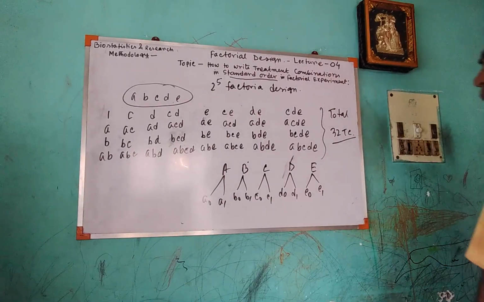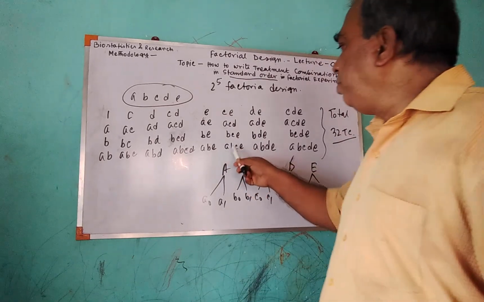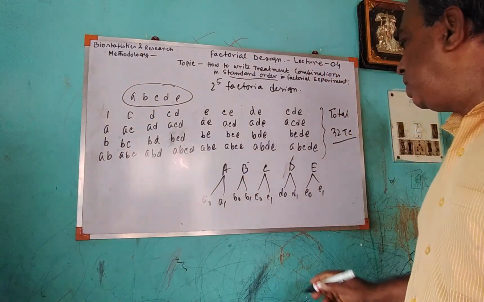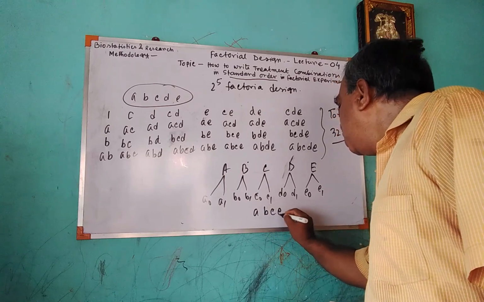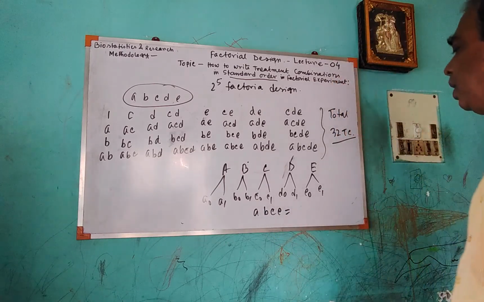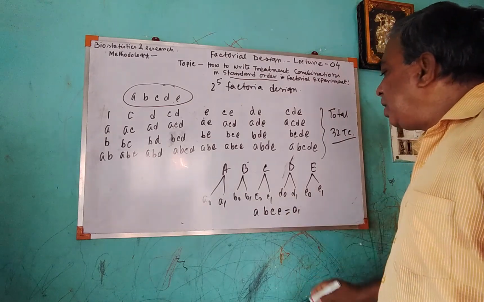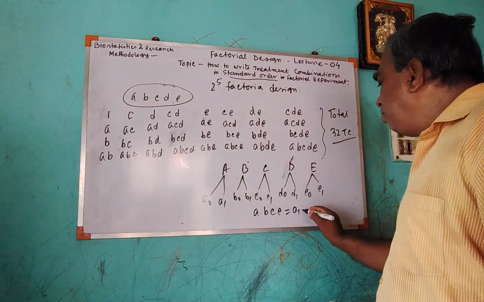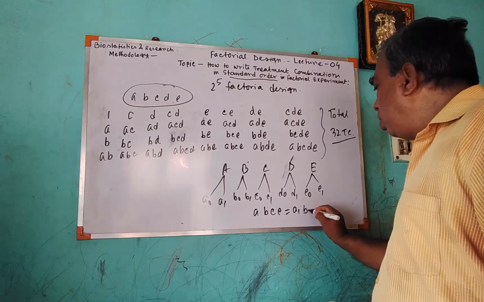So now, what do you mean by, suppose, A, B, C, E. A is present, that is higher level of A, that is A1. B is present, that is higher level of factor B, it will be B1.